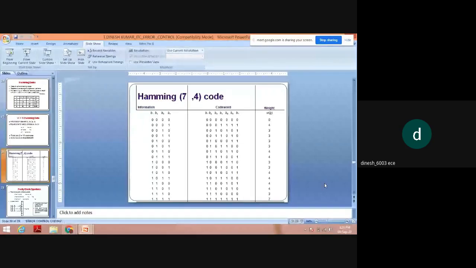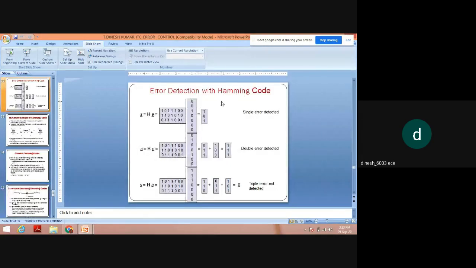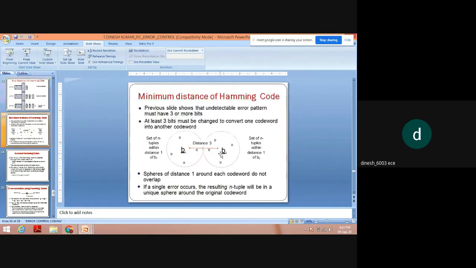It will take some half an hour or so for doing the parity check equations. How do you write parity check equations, how to detect the errors. Error detection cannot be done very easily, and especially I have taken 3 detections: single error detection, double error detection, and 3 error detection. How to do that and how to rectify that. That will take some time for explaining.